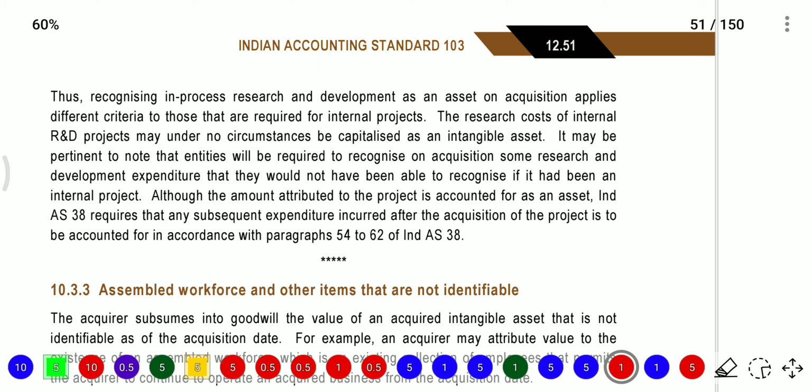If it is an internal project, we should not recognize the whole amount, although the amount attributable to the project is accounted for as an asset under Ind AS 38. Any subsequent expenditure incurred after the acquisition of the project will be accounted for in accordance with Ind AS 38.